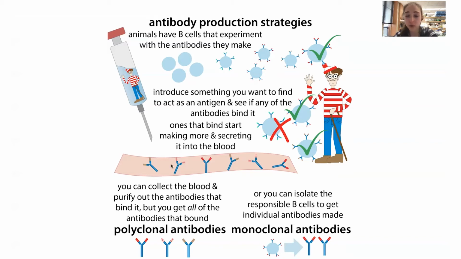These animals have more blood, so they're going to have more antibodies that you can collect. But it's going to be a limited source, because if you want more, you have to inject another animal, or you have to wait longer, that sort of thing.